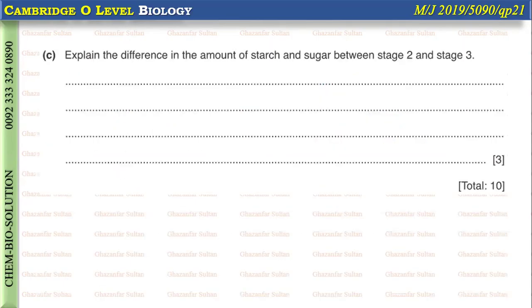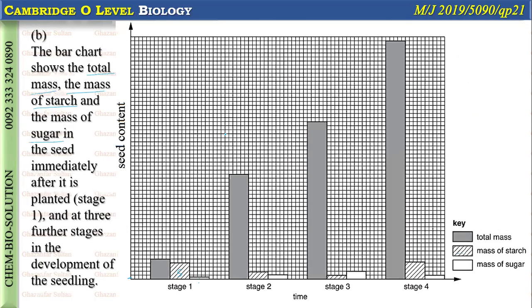Now, explain the difference in the amount of starch and sugar between stage 2 and stage 3. Now see the graph again. This is stage 2 and stage 3. Continuously from stage 1 to stage 3, although we are asked to write our answer between stage 2 and stage 3, starch is being reduced while sugar is being increased.